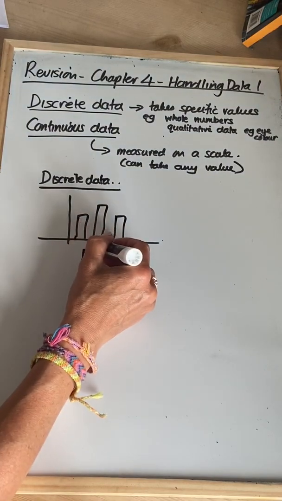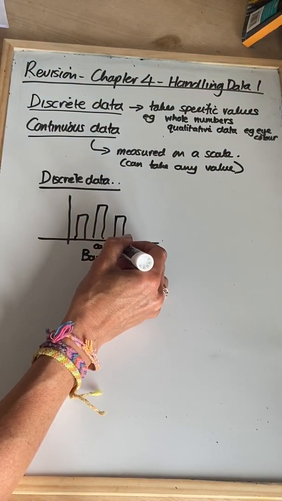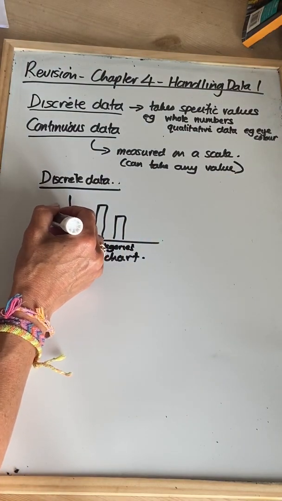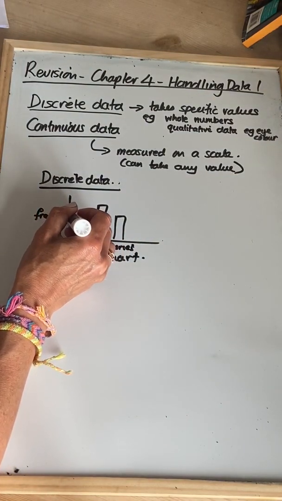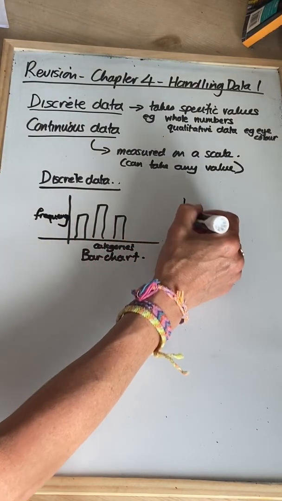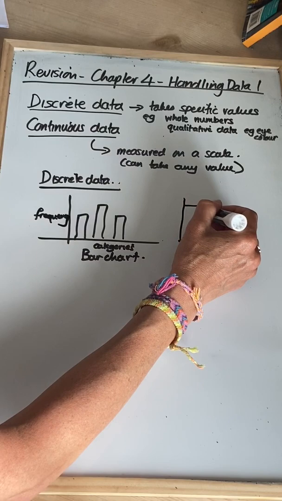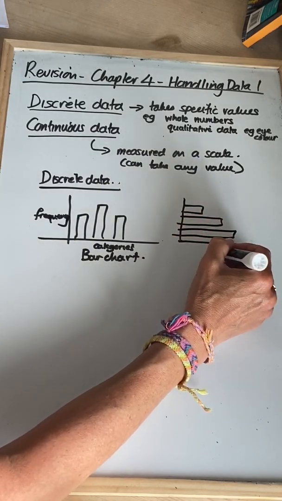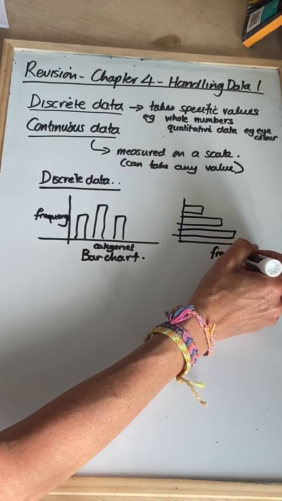These are my categories down here, so they might be number of siblings. And up here we put our frequency, that means the actual number of. And so it could be bars that actually look like bars. You could put your bars the other way around, so you'd have your frequency here and your categories there.